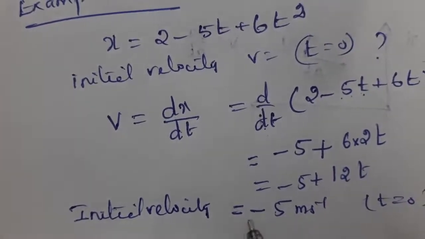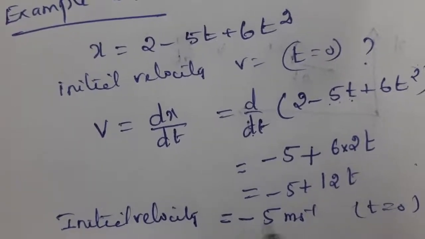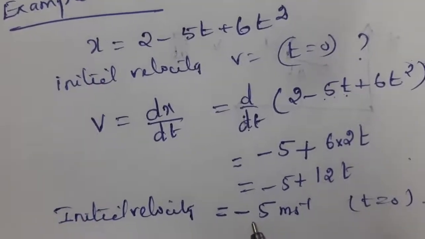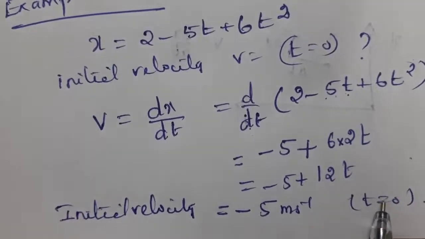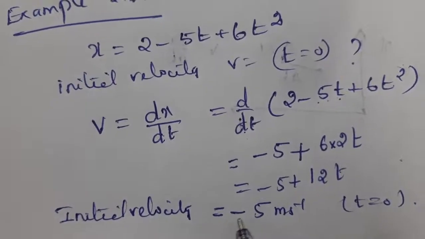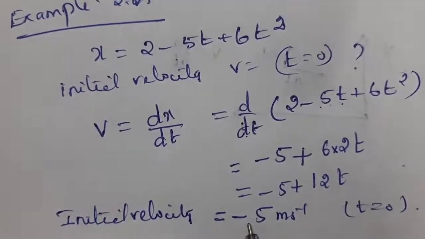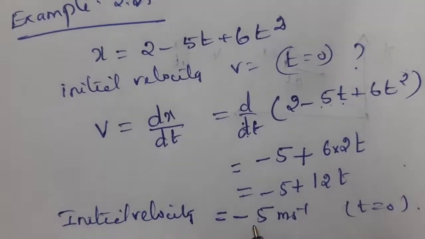Here the negative sign implies that the velocity of the particle is along the negative x direction.